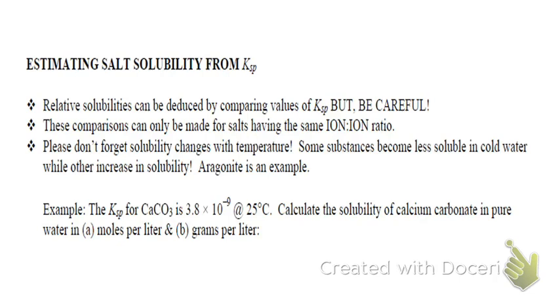But I could not compare the Ksp values for lead 2 chloride to silver chloride because lead 2 chloride has 3 ions, whereas AgCl only has 2 ions. So if you're going to compare your Ksp values, you have to have the same number of ions. That's the only way you can do a direct correlation. If not, you have to do some calculations to figure it out. So just be careful about that.